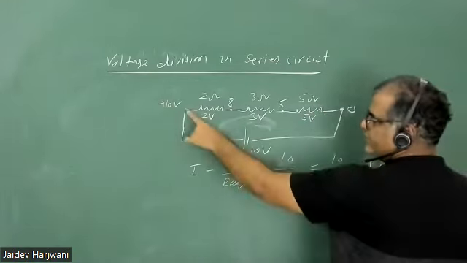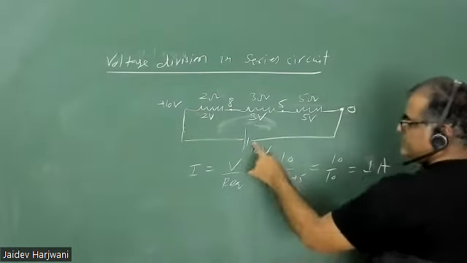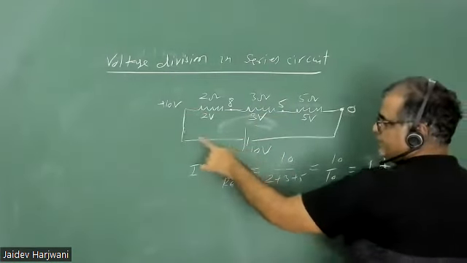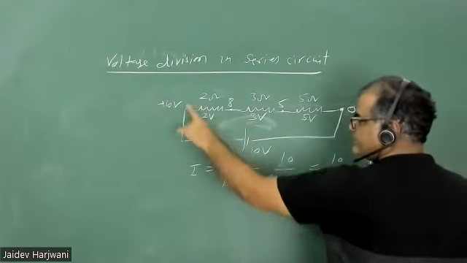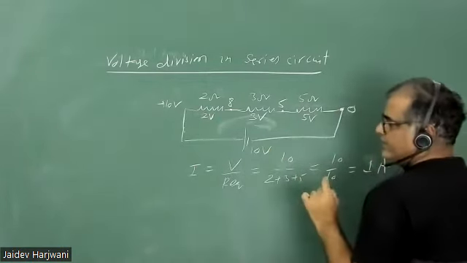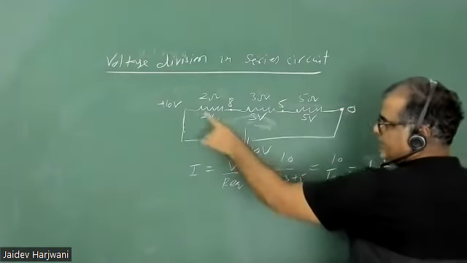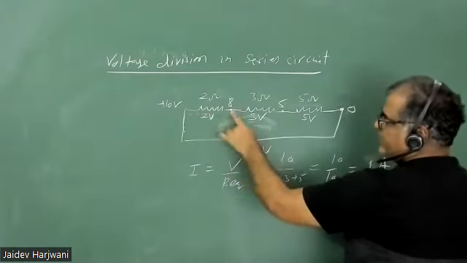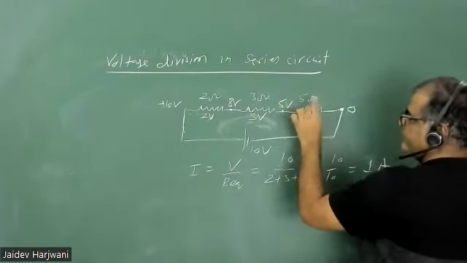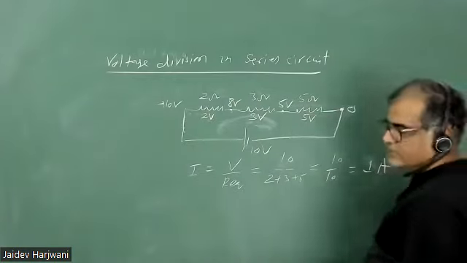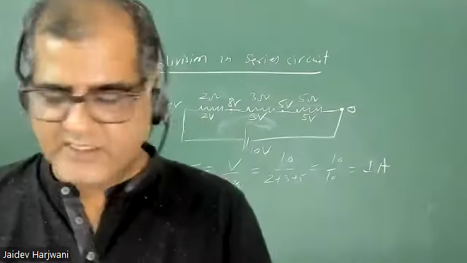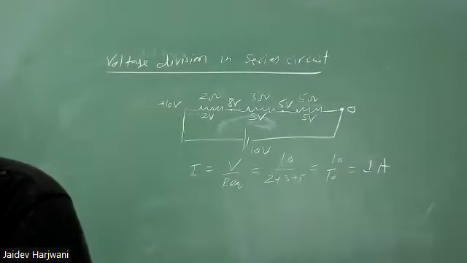Total 10 volts. So this point is at a higher potential, 10 volt, and this is at a lower potential, 0 volt, because there is a potential difference, that's why current is flowing in the circuit. So 10 volts, 2 drop, remaining 8 volts here, 3 drop, remaining 5 here, 5 drop, remaining 0 here. This is how you can understand how voltage gets divided in series.